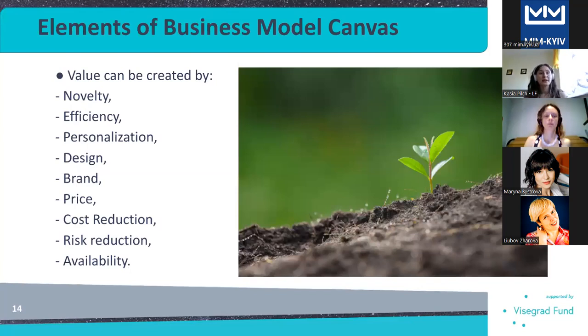It might be because your product is personalized, where you add something unique, customized. Your value might be in your design, some really cool design that people desire, or it might be about your brand. Maybe your brand is the value. People buy many things because of the brand, so that's also a very powerful value.